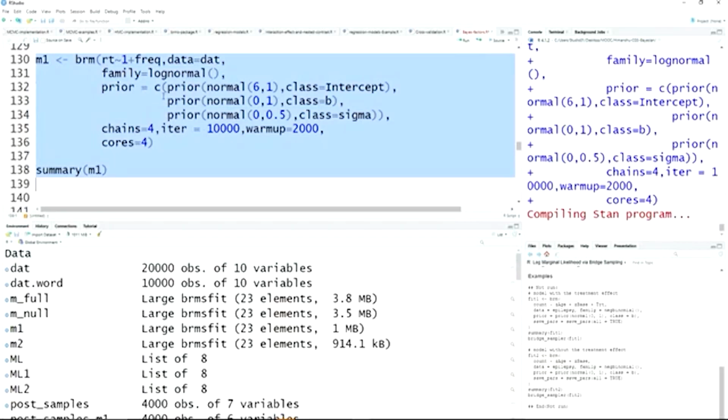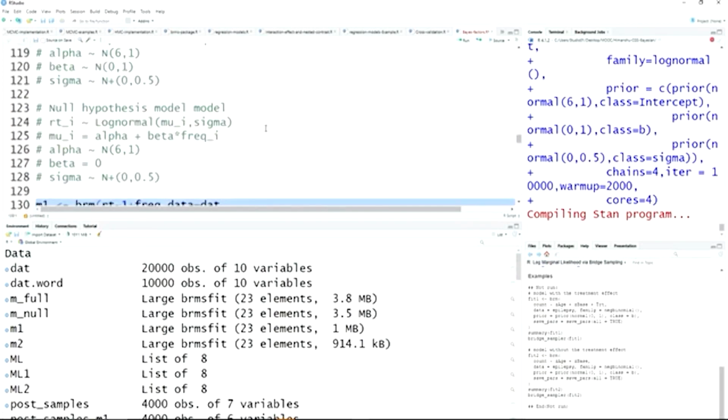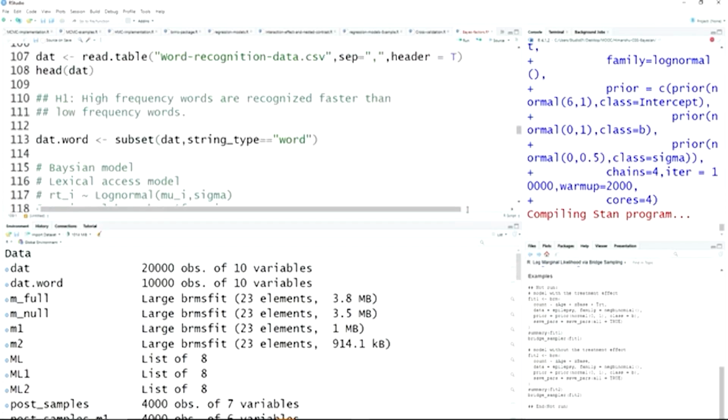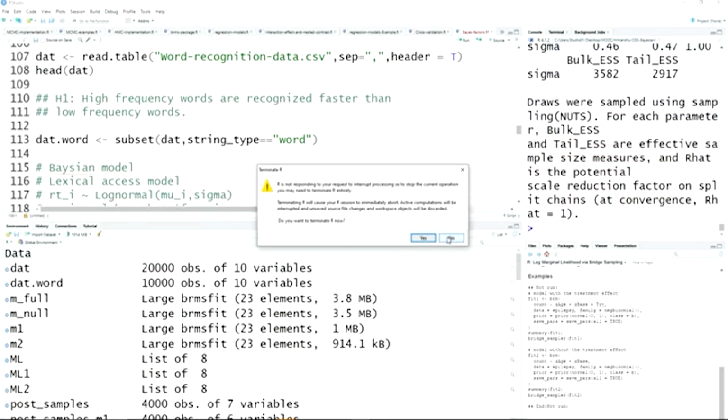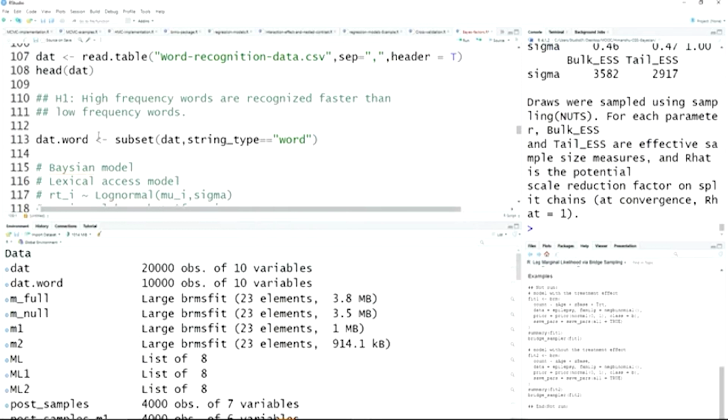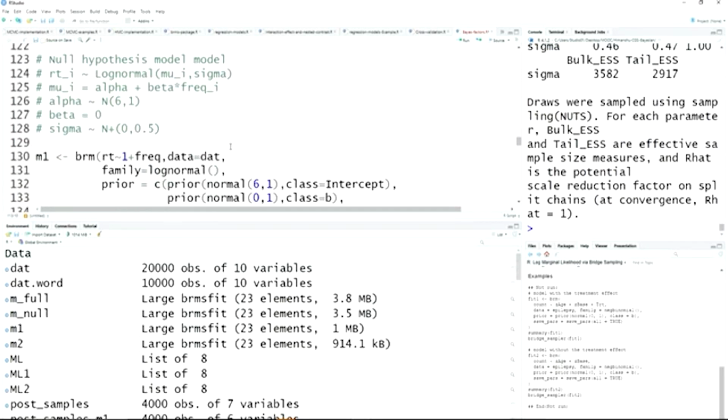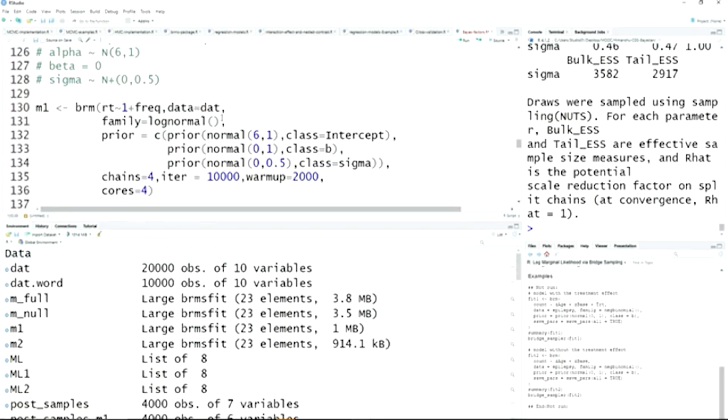Let us fit this. Oh, sorry. Actually, I need to fit it on dat.word, so on a different data frame.